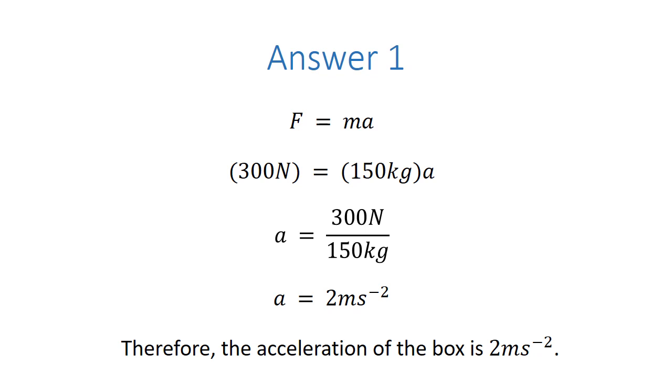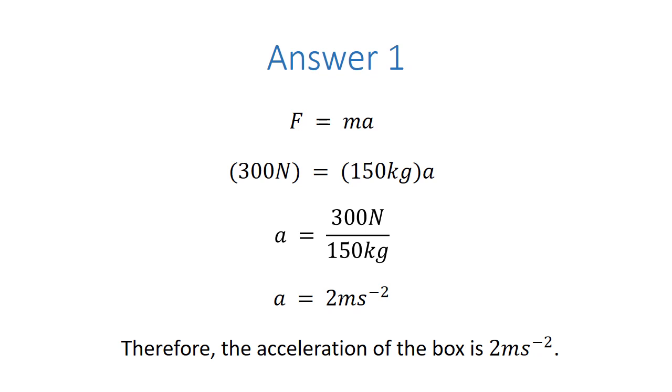So applying F equals to ma, we can get acceleration equals to force per mass, which is 300 Newton per 150 kilogram. So from there, we can get acceleration equals to 2 meter per second square. Therefore, the acceleration of the box is 2 meter per second square.